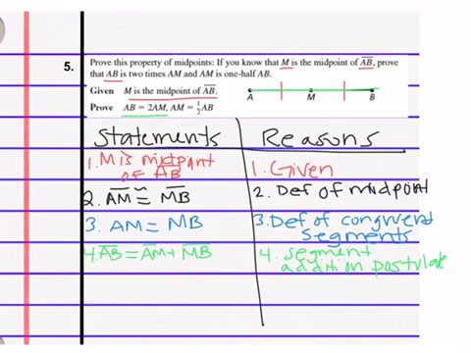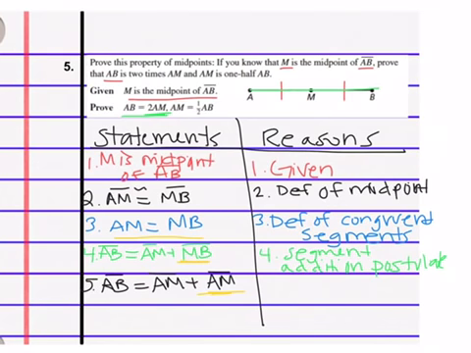Then my goal here is to say that AB equals 2AM. So I'm focusing on the AM here, 2AM. So I'm going to say that line segment AB equals AM plus AM. So what I did here is I changed MB to AM. Since M is the midpoint, and we already proved it up here in line 3, AM and MB are equal. So this would be substitution.